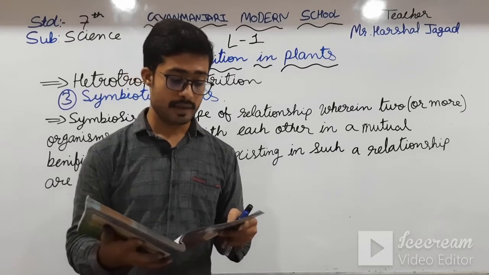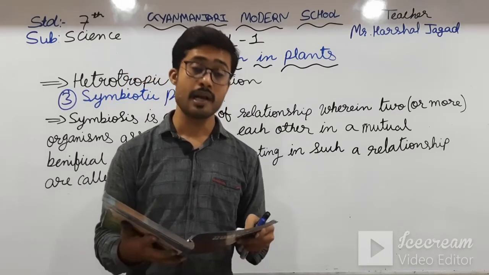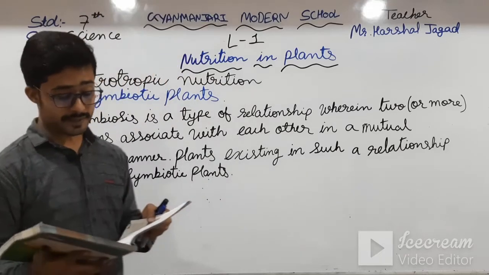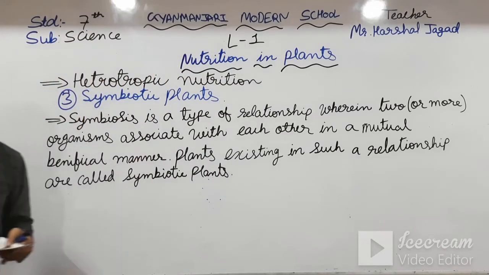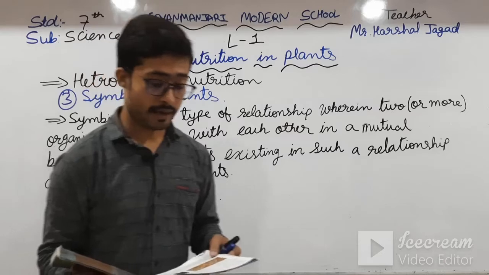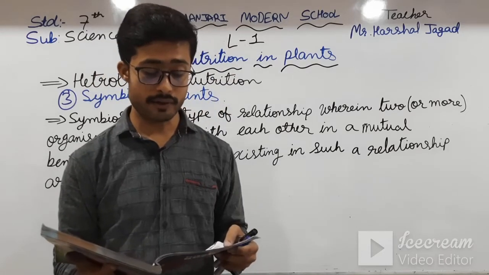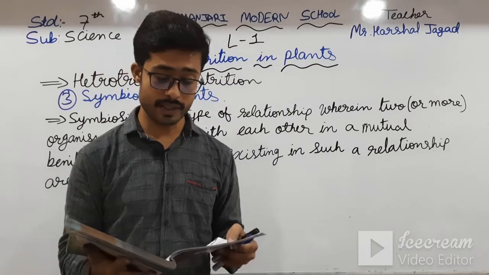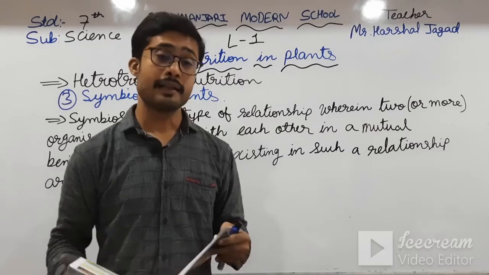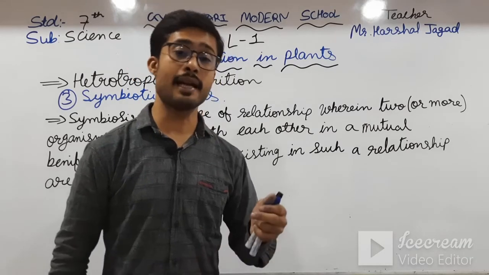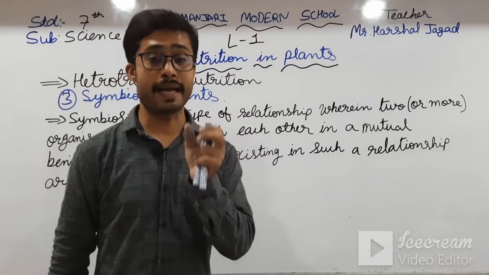Another example of a symbiotic relationship is lichen. See here what actually happens. A common symbiotic relationship is the relationship between leguminous plants. There are some leguminous plants in which there is rhizobium bacteria.